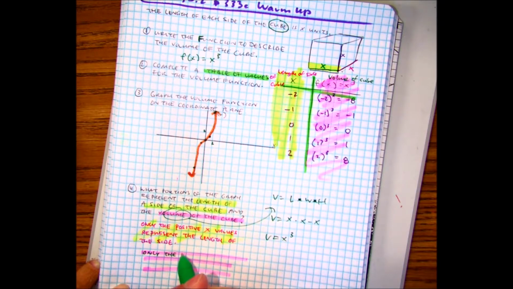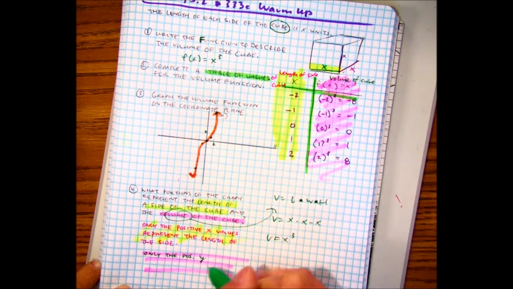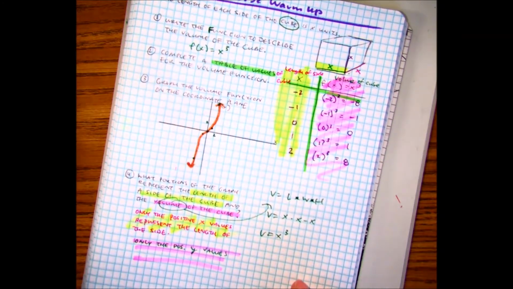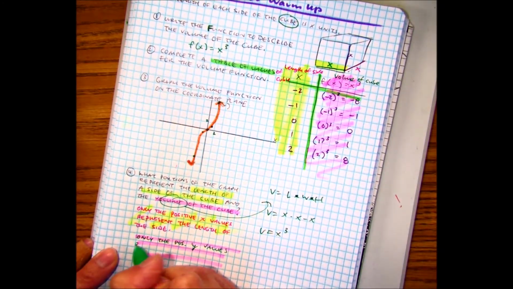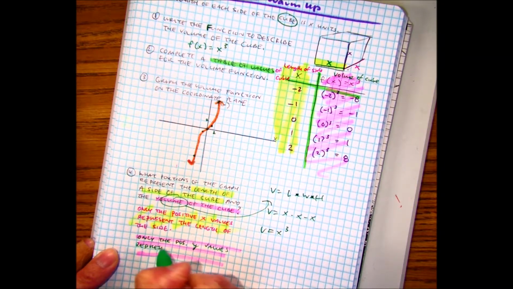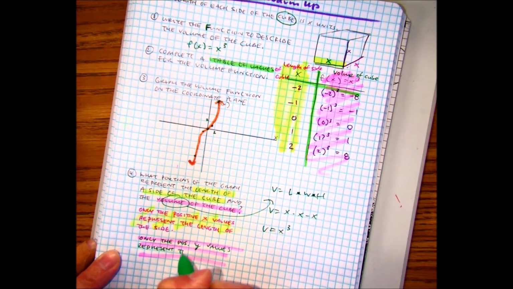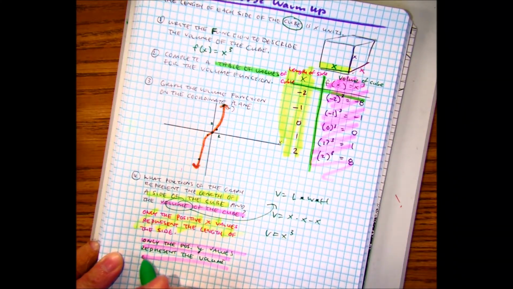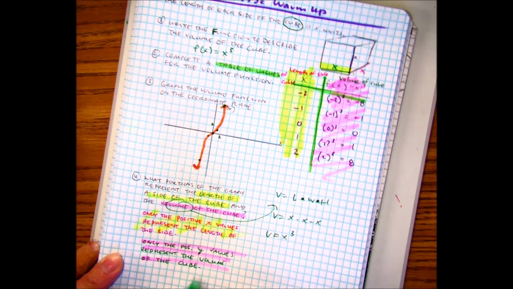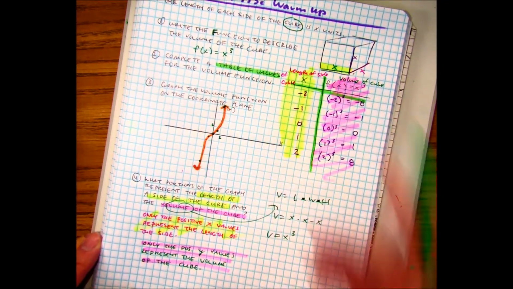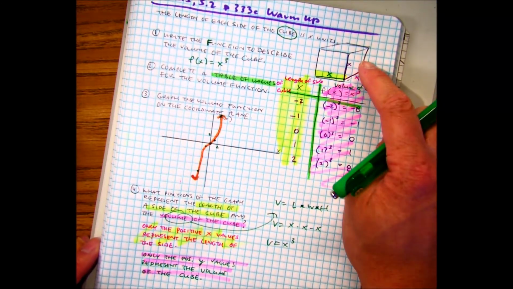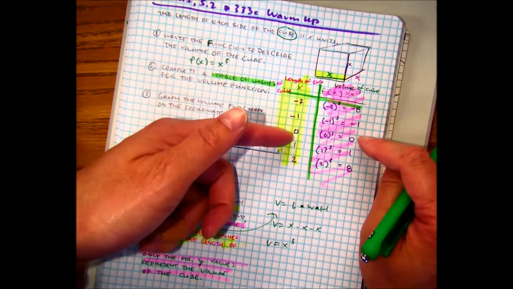Only the positive y values represent the volume of the cube. So in graphing this, you can get a cubic function. You can always get values, but when we put in a real-world context of a cube, we're only focusing on the positive values.